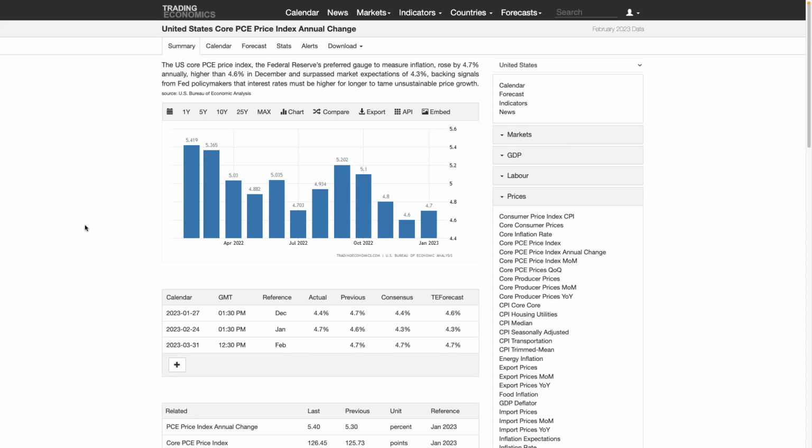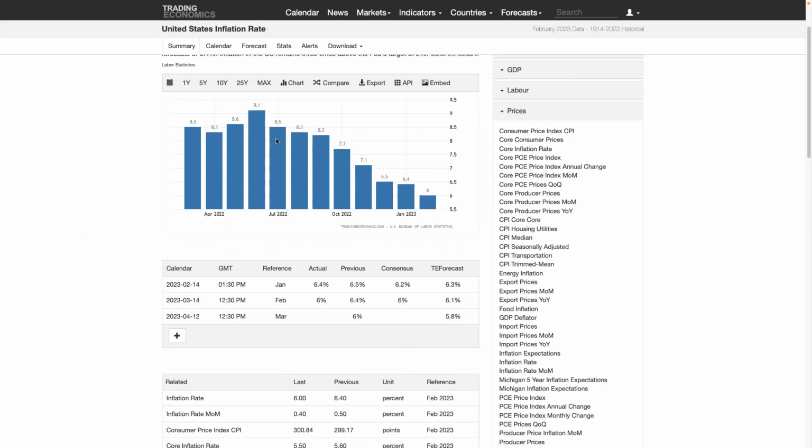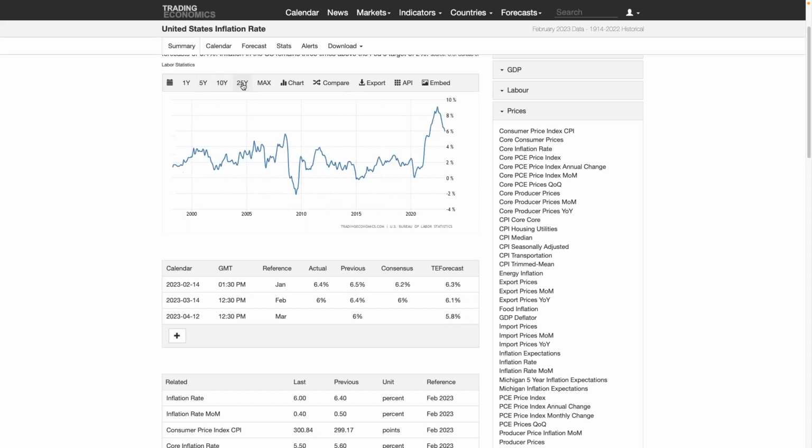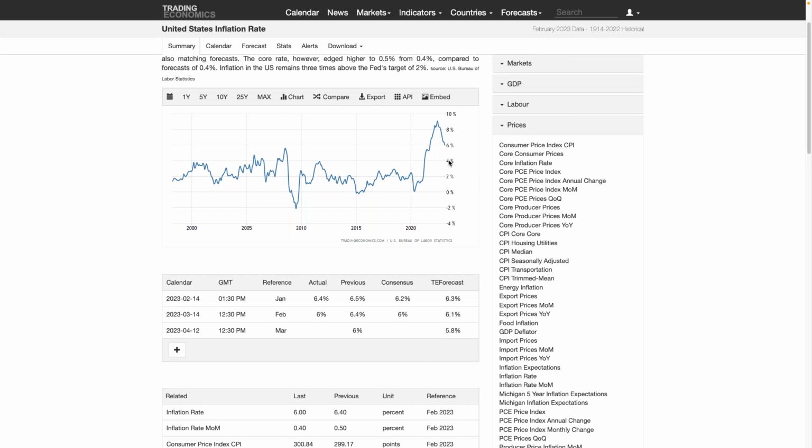So although you might look at this and say, well, there's nothing to worry about, look, this is disinflationary. When you just scale out and you look over 5 years, 10 years, 25 years, you can see that inflation is still the highest level it's been for over 25 years. So headline inflation at 6% is still a big concern. The general target is 2%.